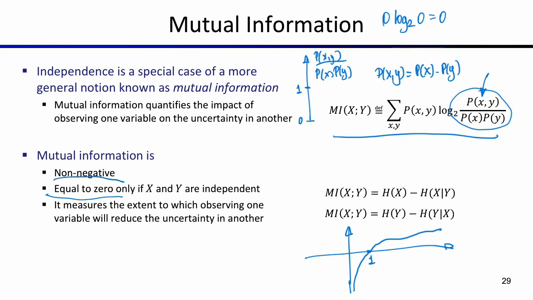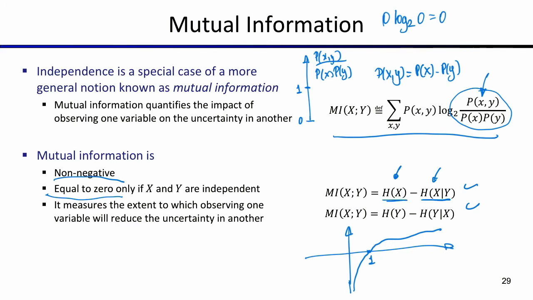And we can see from these two equations here that the mutual information of x and y will be equal to the entropy of x minus the conditional entropy of x given y, right? And we know that the conditional entropy of x given y is less than or equal to the entropy of x.